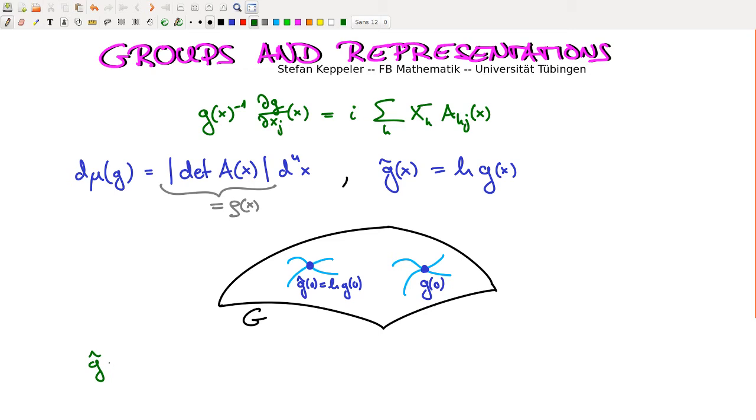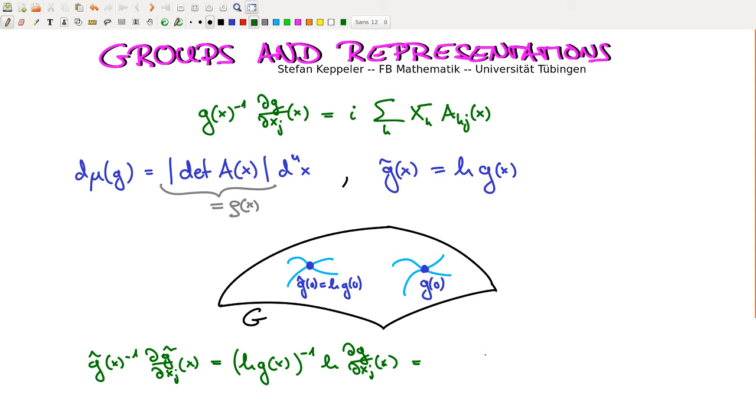We write down g tilde of x inverse dg tilde of xj, dg tilde dxj of x. Now substitute this definition here. Then we have h times g of x inverse, and now only the g depends on x but not the h, so we can write h times dg dxj of x.